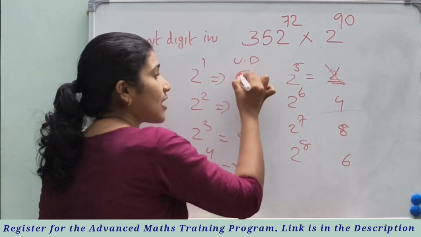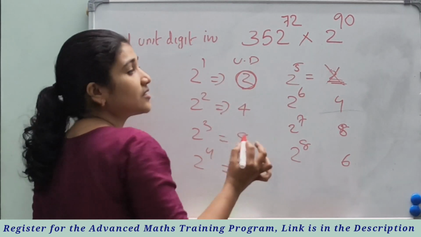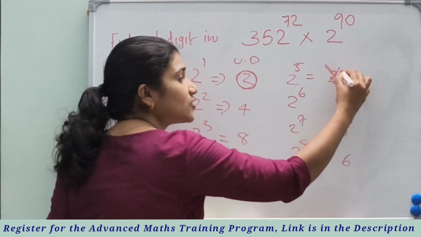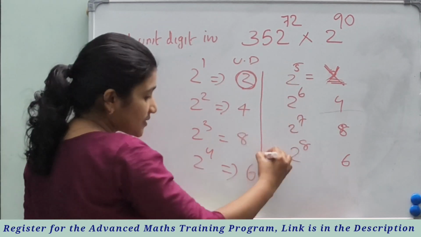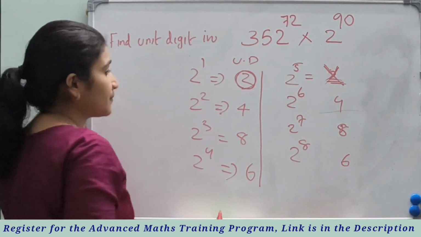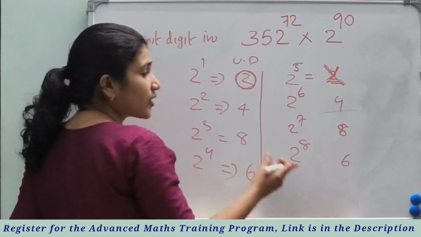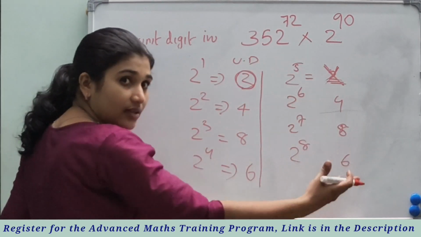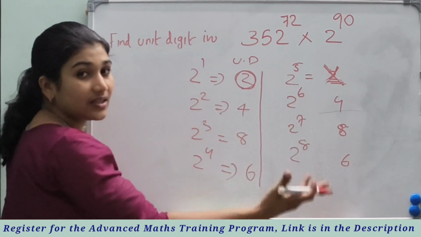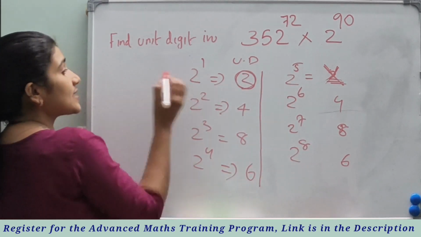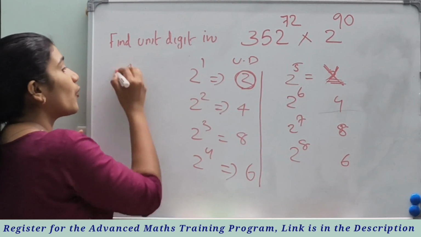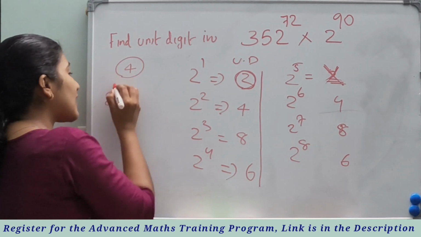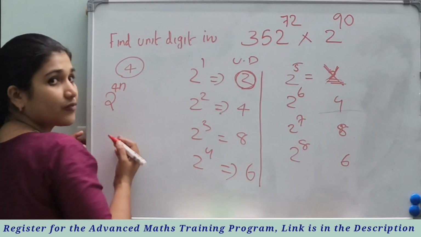Here we started with 2, which means if you again get 2, you can stop there because this 2, 4, 8, 6 cycle is going to repeat. So for the next 4 numbers, 2, 4, 8, 6 is the unit digit. Then again for the next numbers, 2, 4, 8, 6 is the next cycle. So here the cyclicity of 2 is 4, which means we can write it in 2 raised to 4n format.